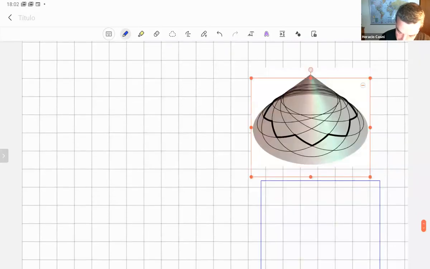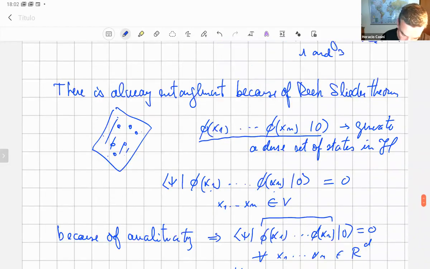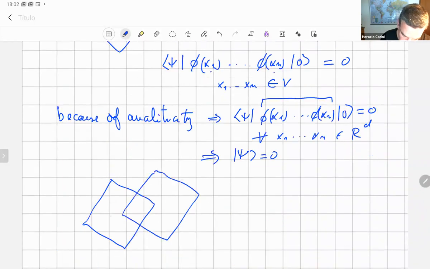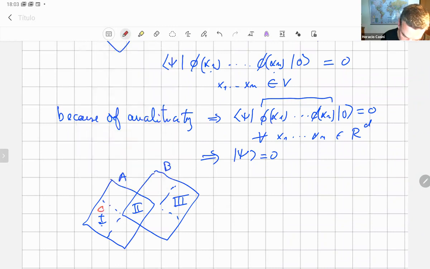And how is this related to this saturation of strong subadditivity? Well, now suppose you have, I'm drawing now the space-time diamonds. Again, this is A, this is B, this is region 1, this is region 2 and region 3. Then I can act with an operator here and create basically any state in the Hilbert space.